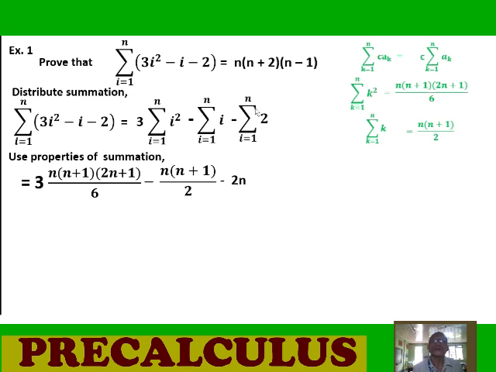So following these properties that we have, we come up with this after using properties. Okay, 3 and 6 can be reduced.